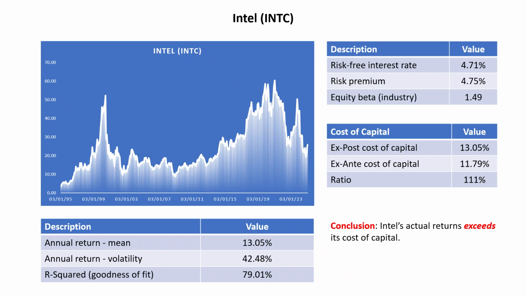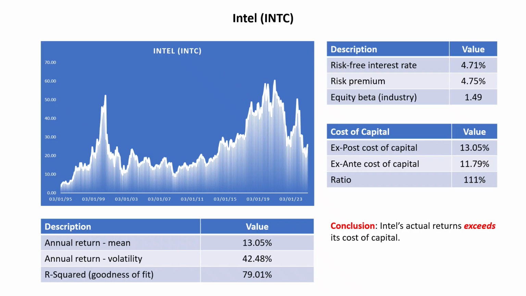If we take a look at the very bottom table, our annual return mean is 13.05%. Our annual return volatility is approximately 42%, and our R squared is 79%.